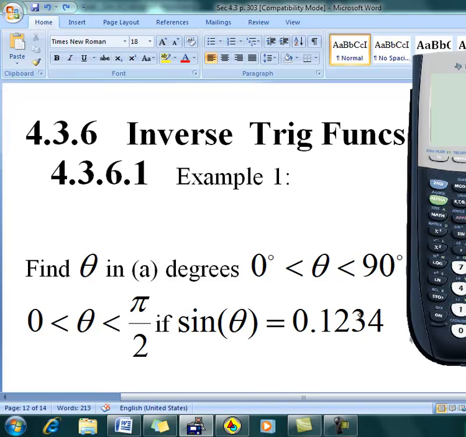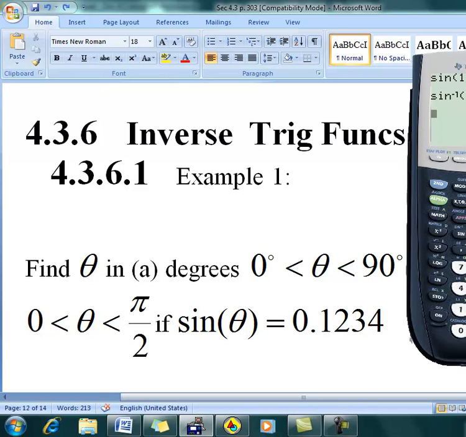In degrees and also in radians. So the first thing I want to do is make sure that my calculator is turned on and in degree mode to begin with, and it is. And you might want to watch this, okay? So I'm going to go alpha sine, that gives me a sine inverse, and I go 0.1234, and I get a number out of there. So that's 7.0884 degrees.